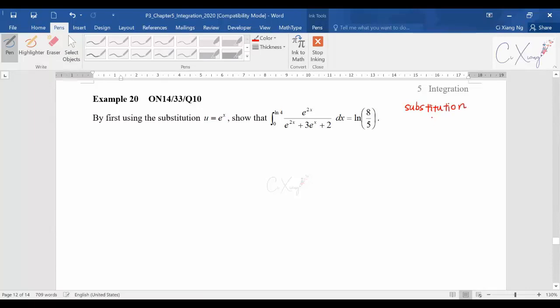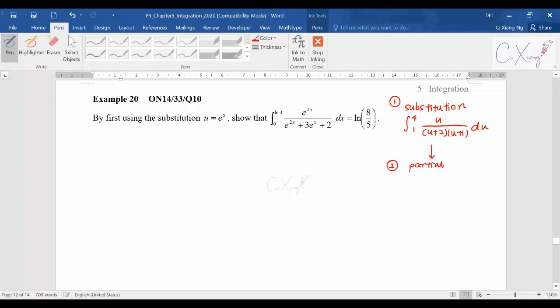After you do the substitution, you will get something like this. This is the first stage of the answer that you should get if you want to try on your own. Then the second stage is the partial fraction.